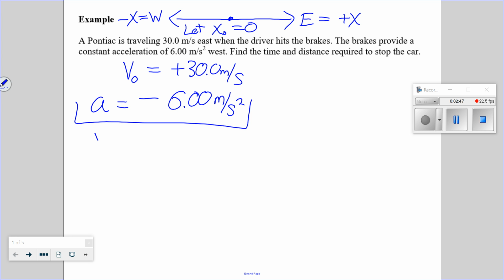So I could start plugging away. x equals v times t plus 1 half at squared. Oh, there's some problems with that. Do you see why I shouldn't start with that one? It's the one at the top. I might go down the list.